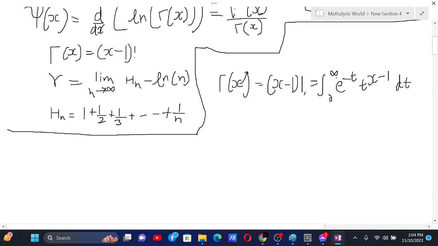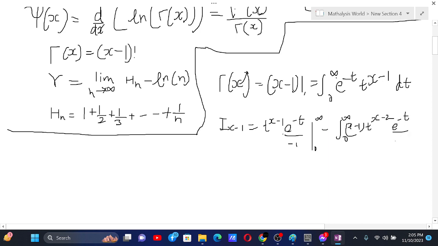If you want to check that this is really x minus 1 factorial, you can just do integration by parts. If this is I of x minus 1, if you do integration by parts, you will get t to the power x minus 1 and then e to the power minus t by minus 1, going from 0 to infinity, minus the integral from 0 to infinity of x minus 1 times t to the power x minus 2 and e to the power minus t by minus 1 dt.